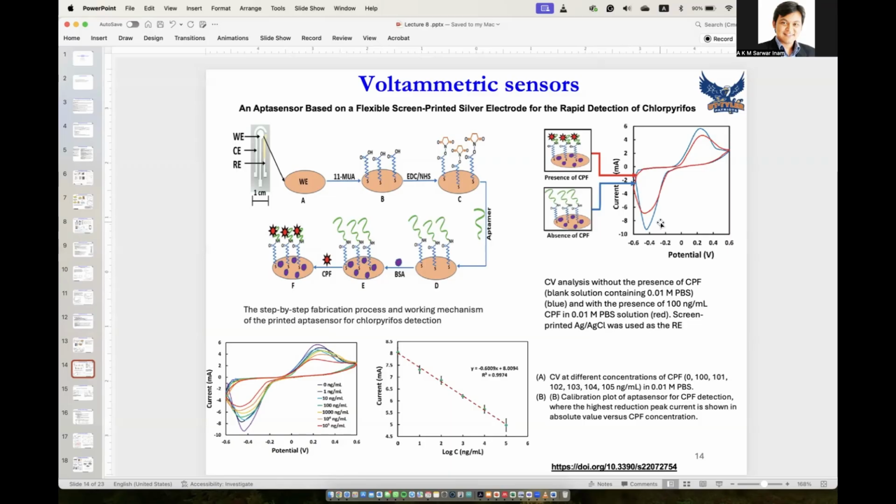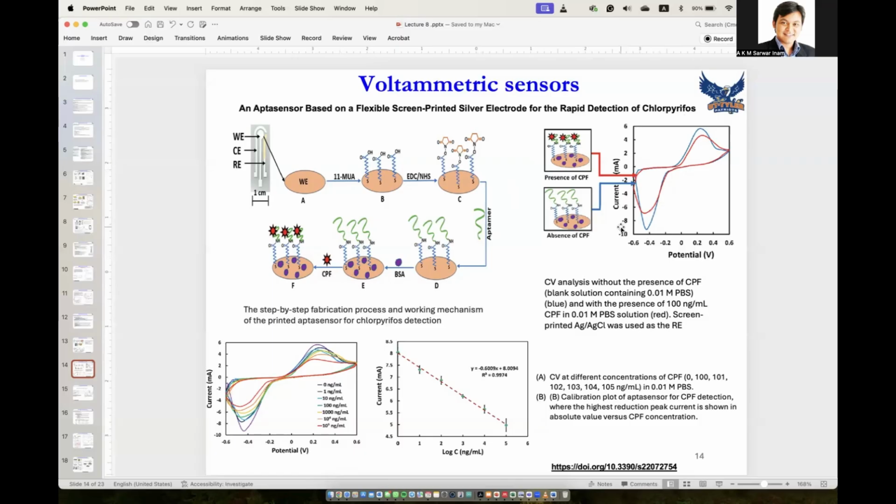So you can see here the absence of CPF, that is chlorpyrifos, and the presence of CPF. When there is the absence of CPF, we are getting a higher oxidation and reduction current in this cyclic voltammetry. And with the presence of CPF, we are getting less current.